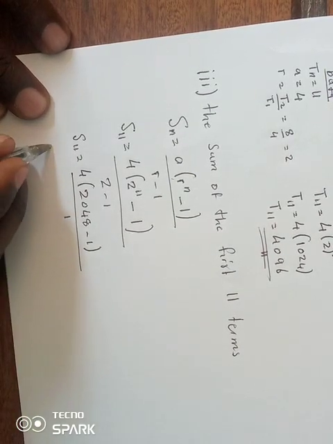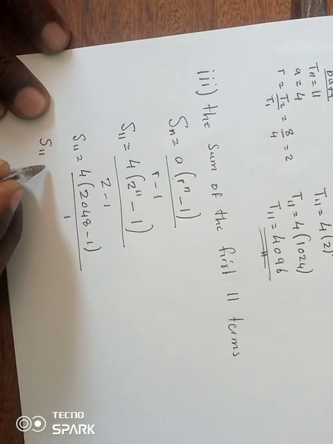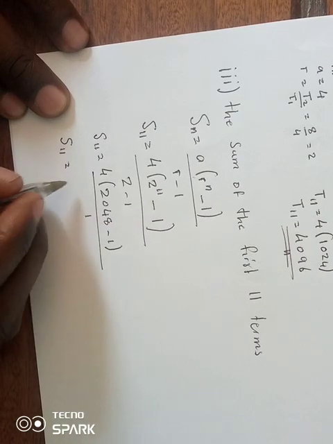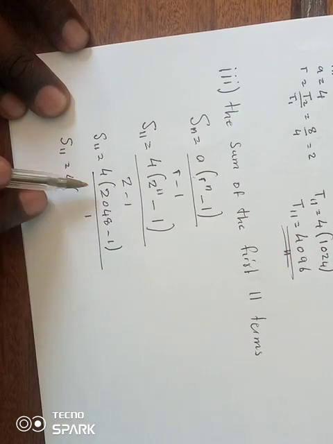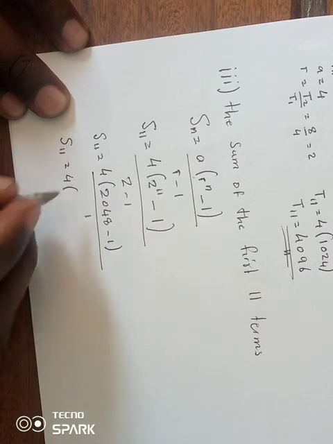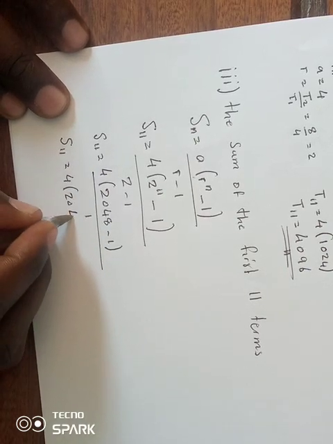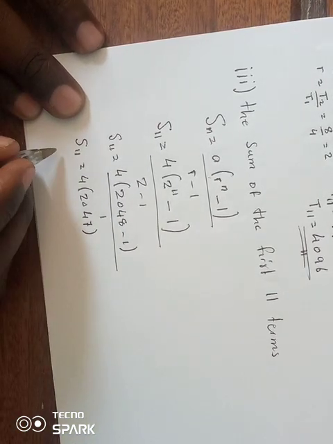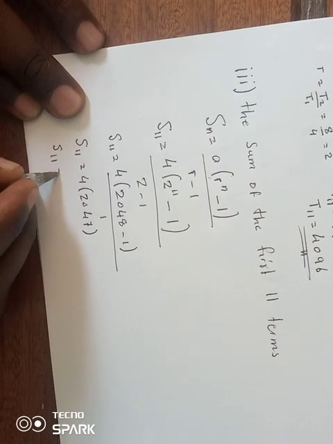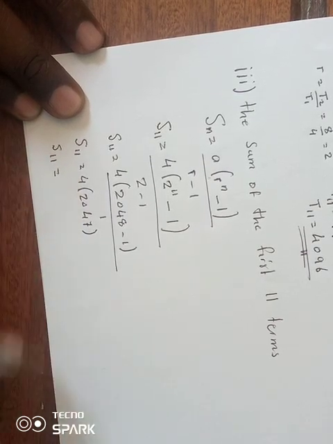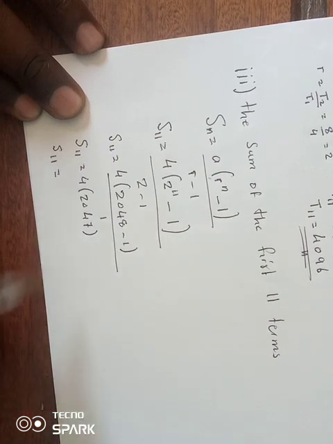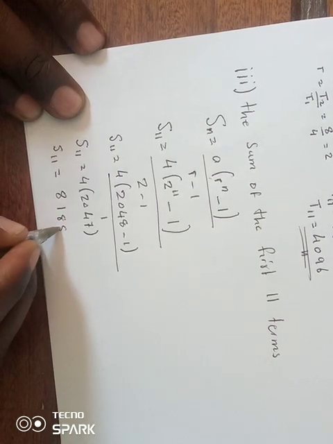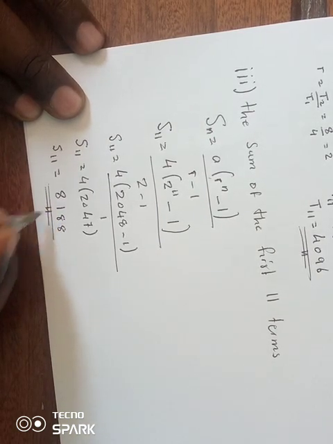So the sum of the 11 terms is equal to 4 times, 2048 minus 1 gives 2047. So 4 multiplied by 2047 will give you 8188. So this is our answer.